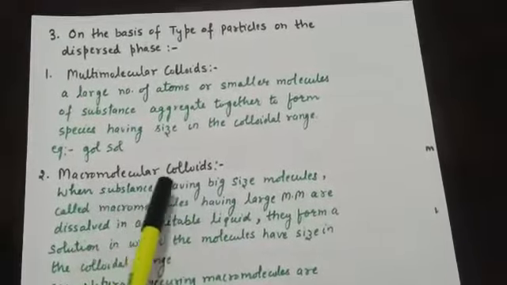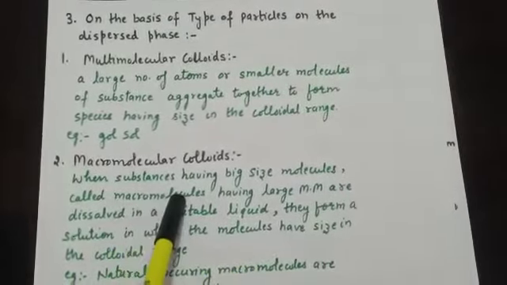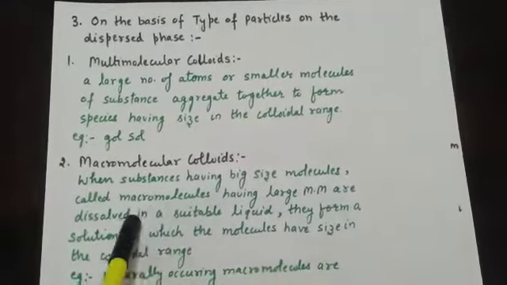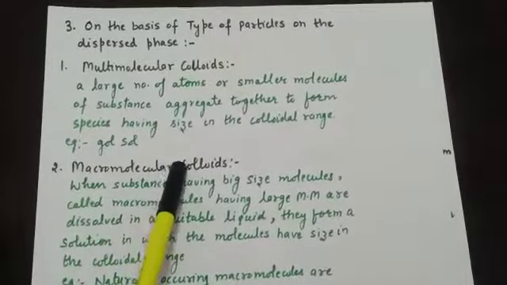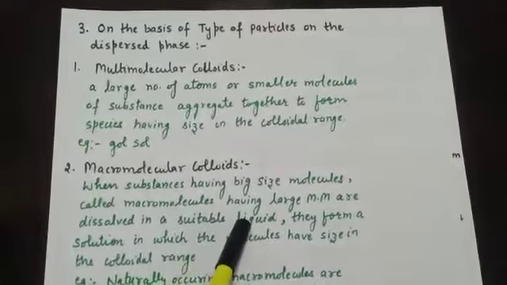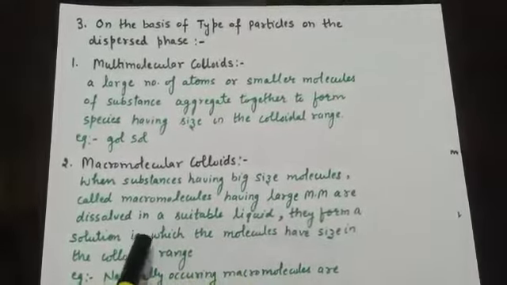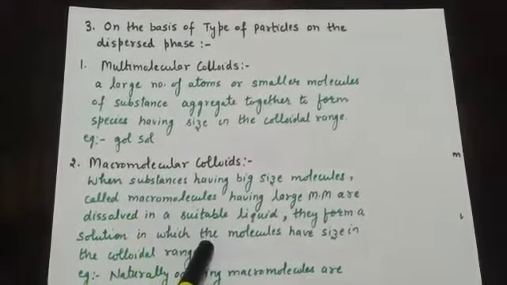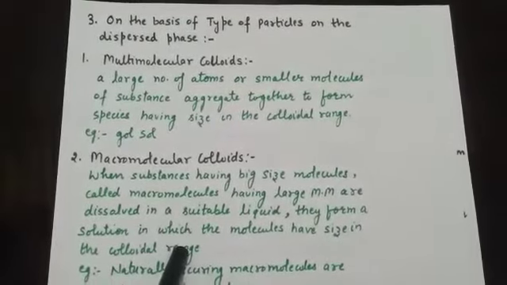When these macromolecules are dissolved in a suitable liquid, or a suitable dispersion medium, they form a solution in which the molecules have a size in the colloidal range. Means these macromolecules break themselves into the colloidal particle size range, that is, in between 1 nanometer to 1000 nanometer.